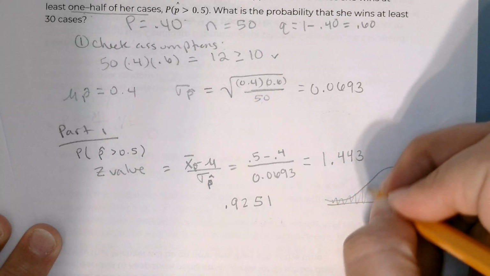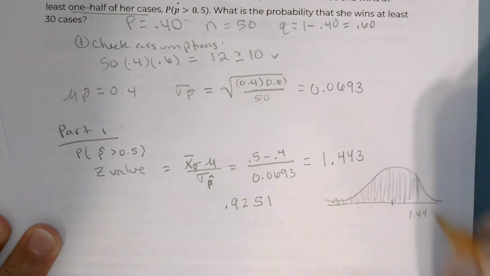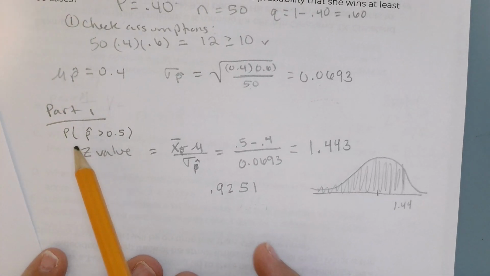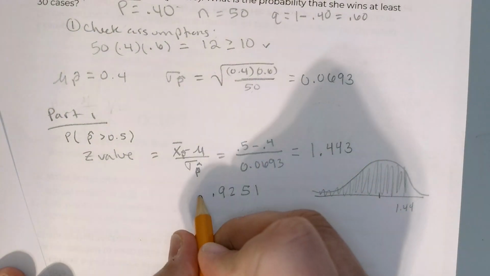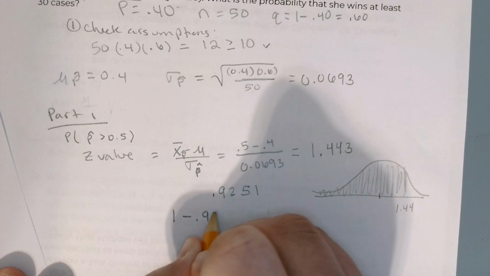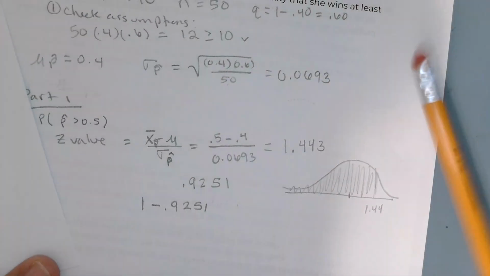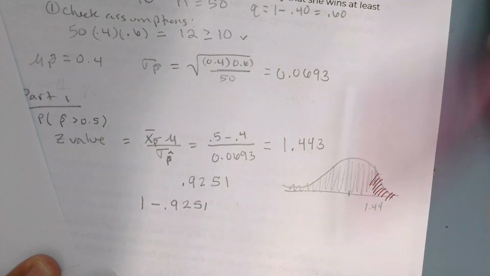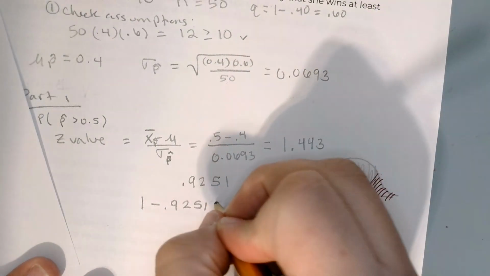The table is giving us the shaded region below that. We want the probability that it's greater than 0.5. So in reality here, I need to do 1 minus 0.9251 so that I can get the area that's above the z-value, so we can get a greater number.